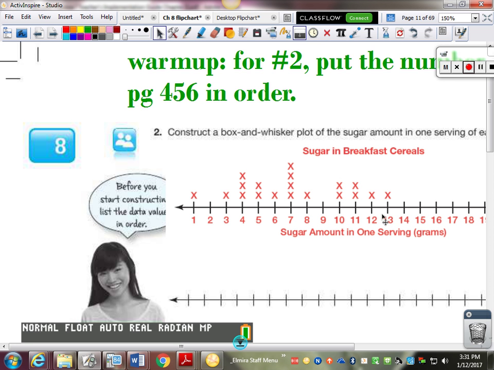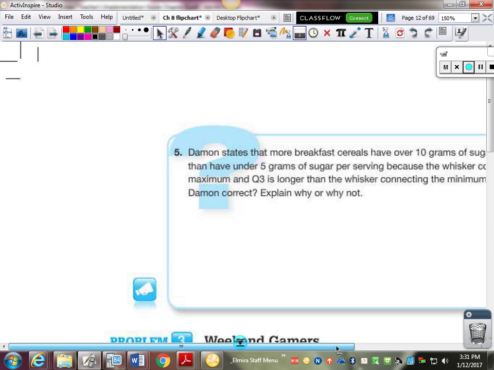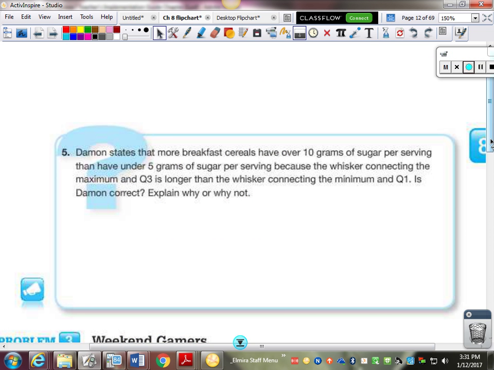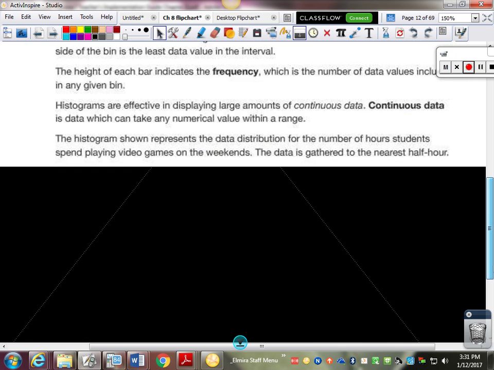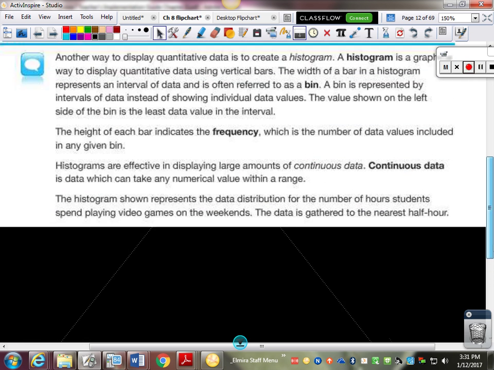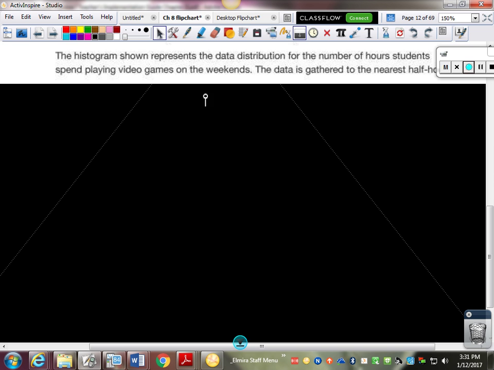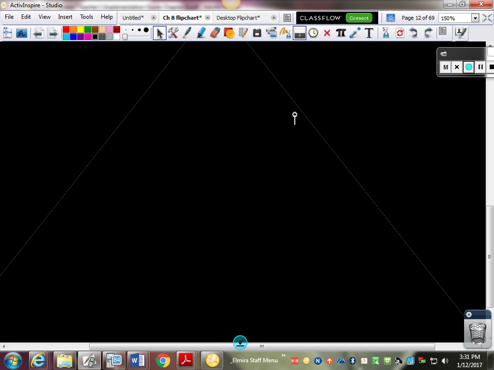So a dot plot is good for discrete data. Box and whisker plots could go either way. And histograms can go either way, discrete or continuous data.